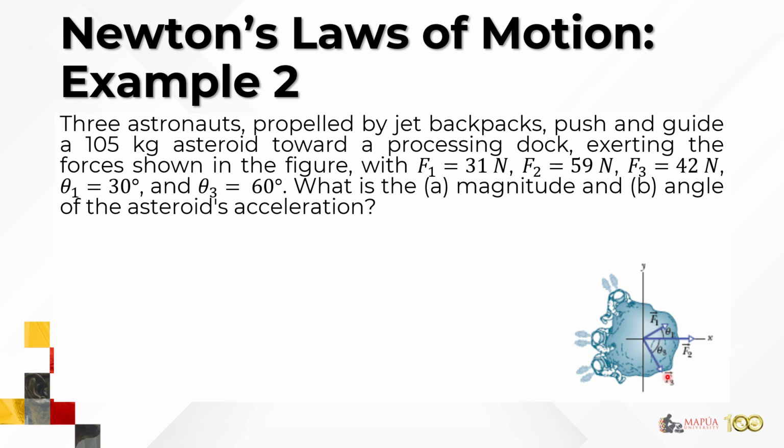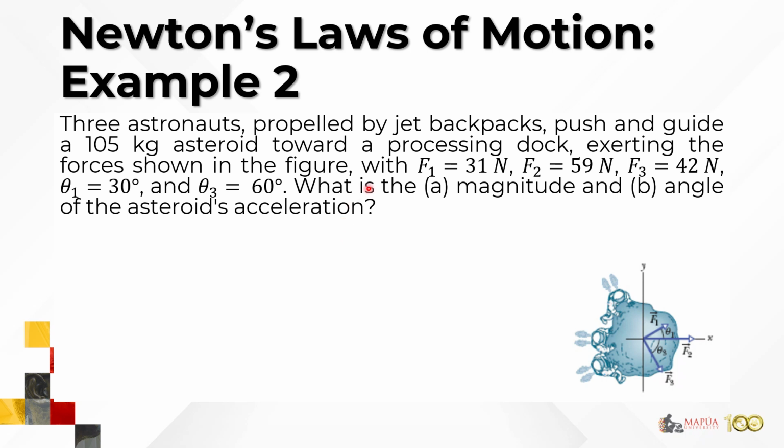And F sub 3 is equal to 42 newtons. Okay? Where theta sub 1 is the angle between F sub 1 and positive x-axis, that's equal to 30 degrees, and theta sub 3 is equal to 60 degrees. What is the A magnitude and B angle of the asteroid's acceleration?